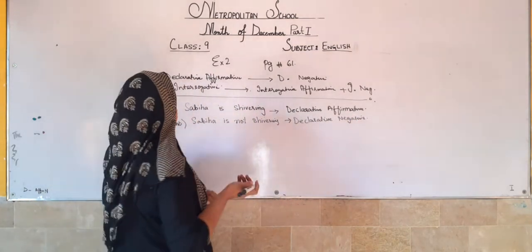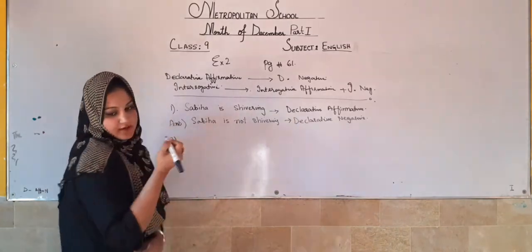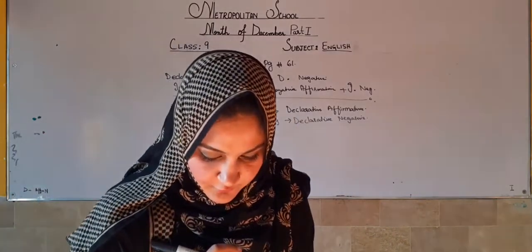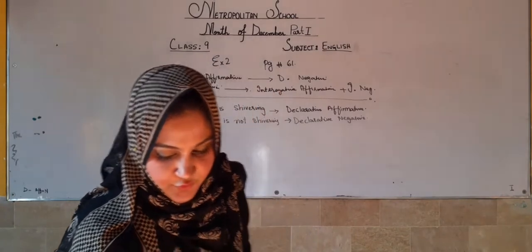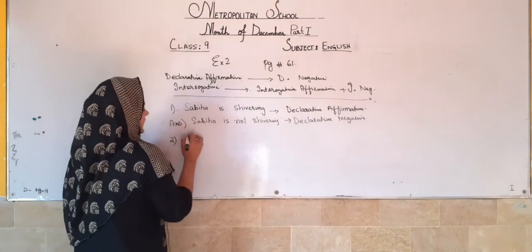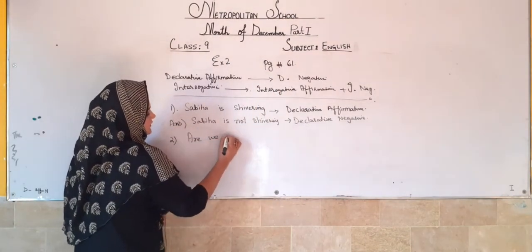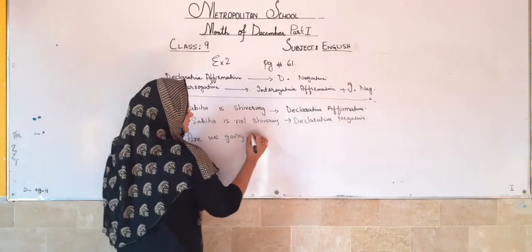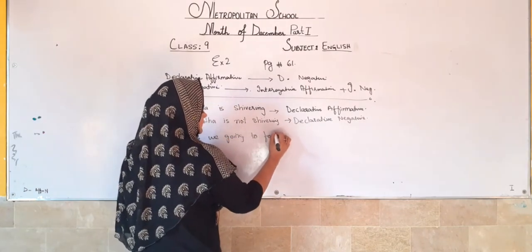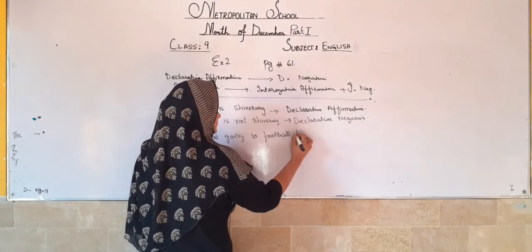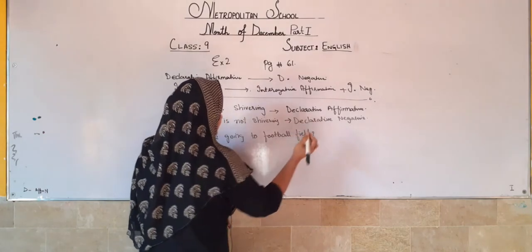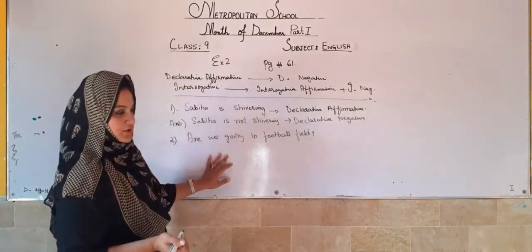Now, I am going to take statement number 2. For example, I am going to take an example from your book, okay? It will be easy for you. Are we going to the football field? Okay, this is statement number 2 in your book.